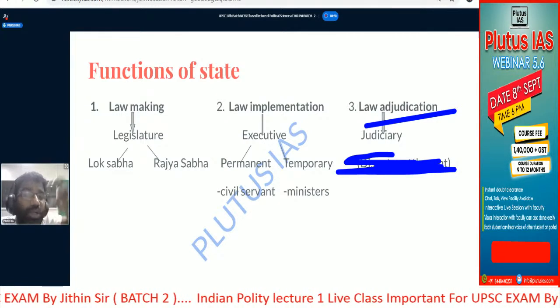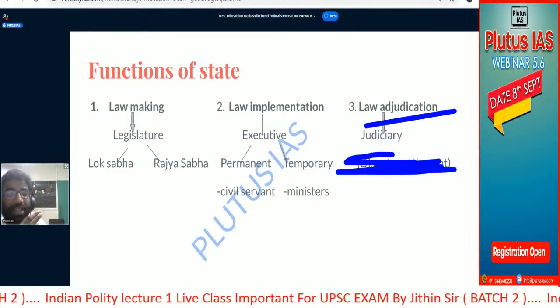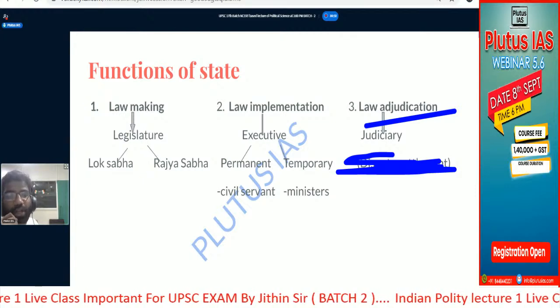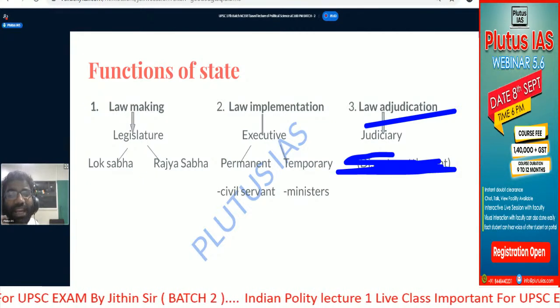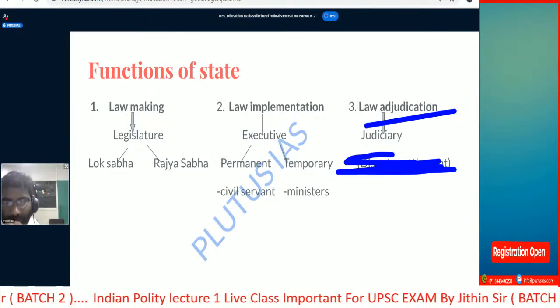That thing is dispute settlement. There is a difference in opinion, and we are going to the court, and that process is called law adjudication. Write down the third function is law adjudication, carried by judiciary, it means dispute settlements.